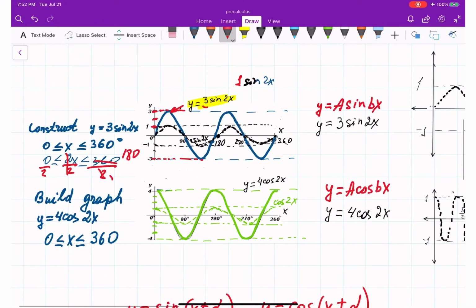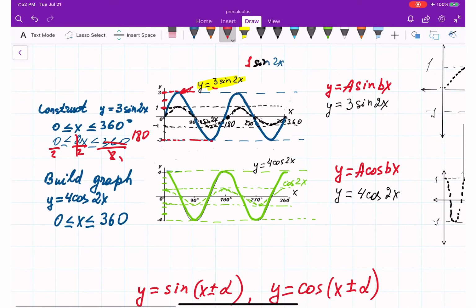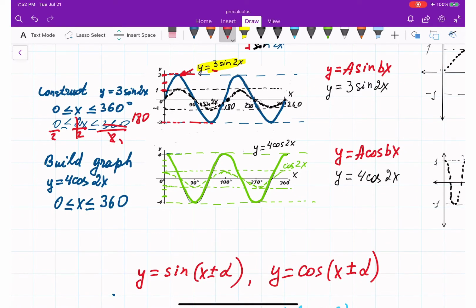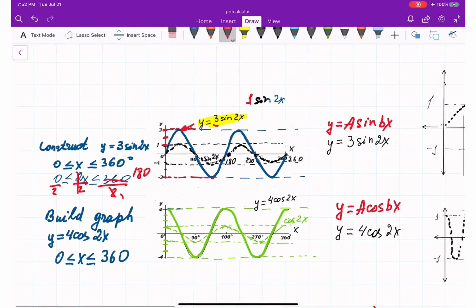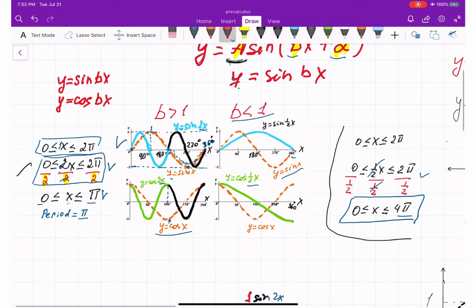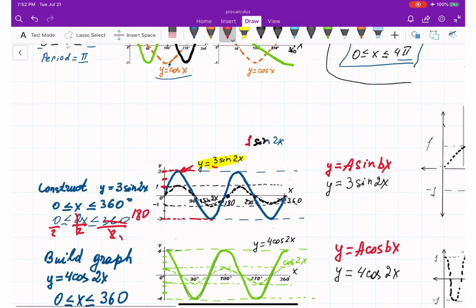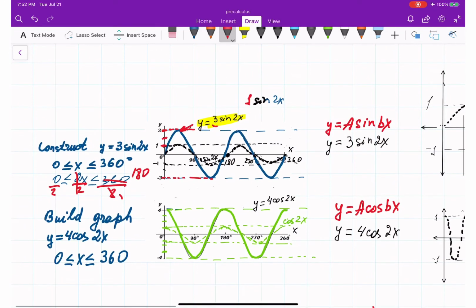So now let's look at cosine. 4 cosine 2x. Why am I building on 2x? Because we started with 2x and I keep expanding this 2x. And then if you want, I can build the half an x also.